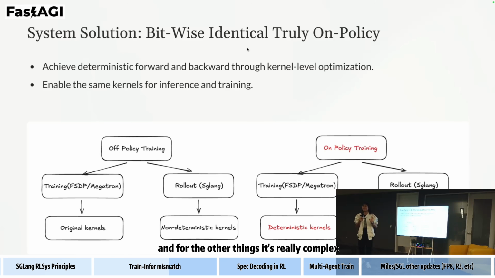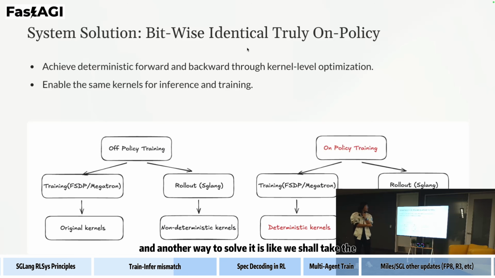For the other combinations, it's really complex, and each combination is something we want people to work on. So this is not a scalable solution to training-inference mismatch, but we can solve it. We can still spend some time solving it.